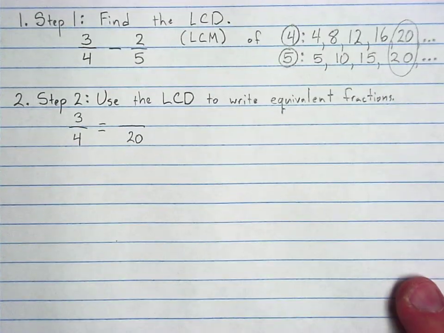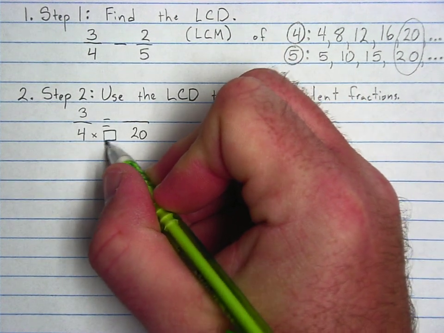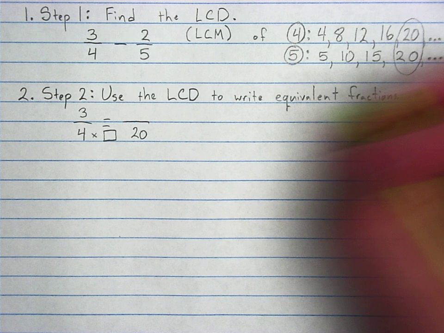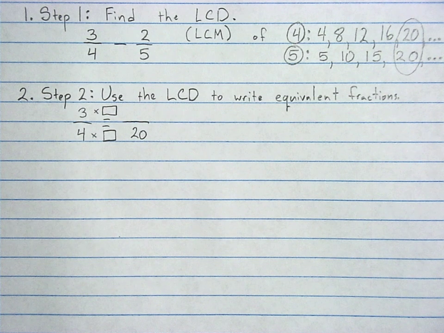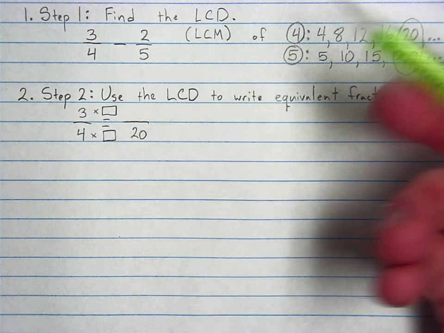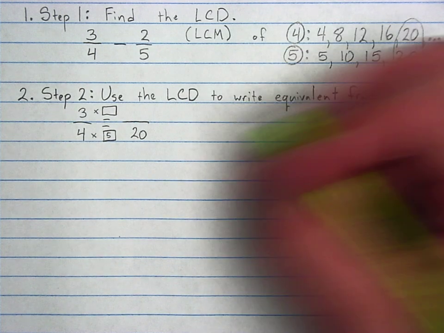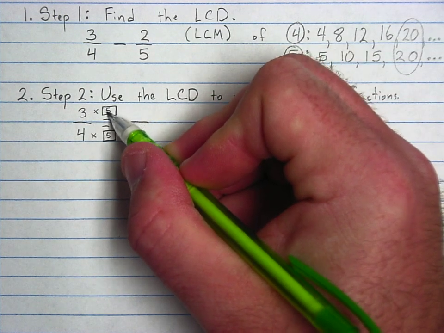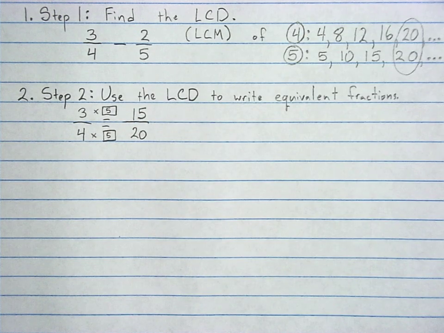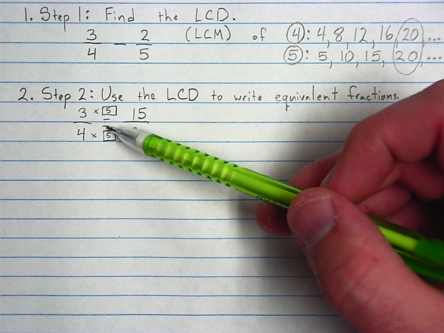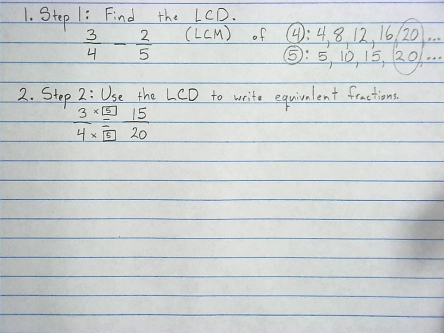We need to find that equivalent fraction. 4 times something equals 20. I'm going to multiply 3 times the same something once I figure out what it is. 4 times 5 would make 20. So I need to multiply 3 times 5. 3 times 5 will be 15. Okay, so 3/4 is equivalent to 15 out of 20. Not too bad.